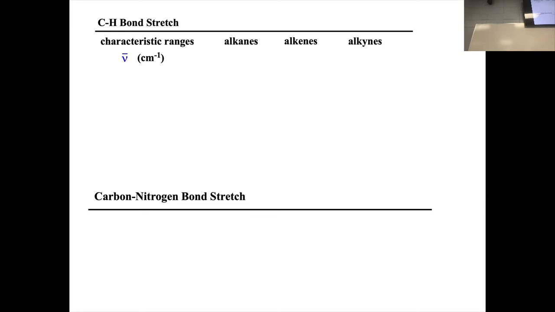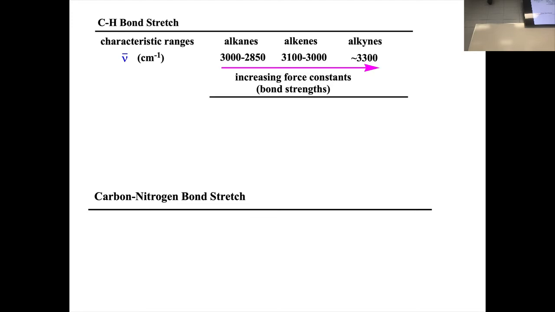All right, so things can actually get a bit more detailed. Okay? You don't need to write down the 1,500, 2,000, and 2,500. But what you do need to know is that there's some subtleties within those regions that I just gave you. So for example, for the stretching of a carbon-hydrogen bond, it depends on whether that hydrogen is attached to an alkane, an sp3 hybridized carbon, an alkene, an sp2 hybridized carbon, or an alkyne, an sp hybridized carbon.